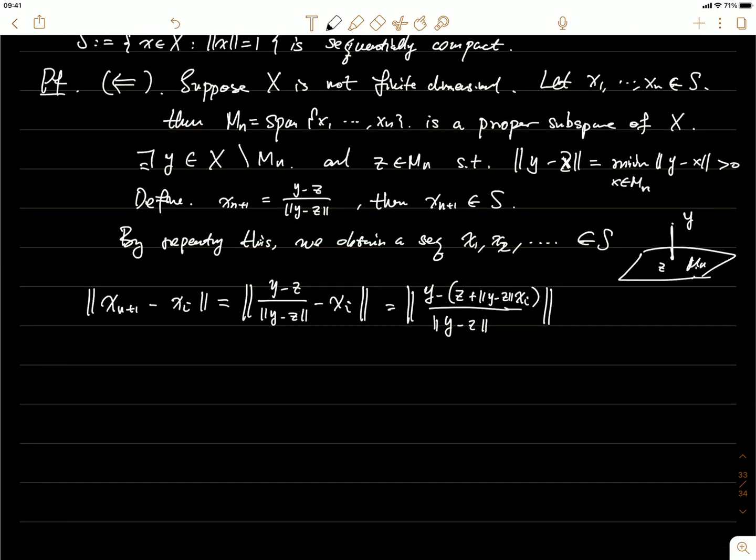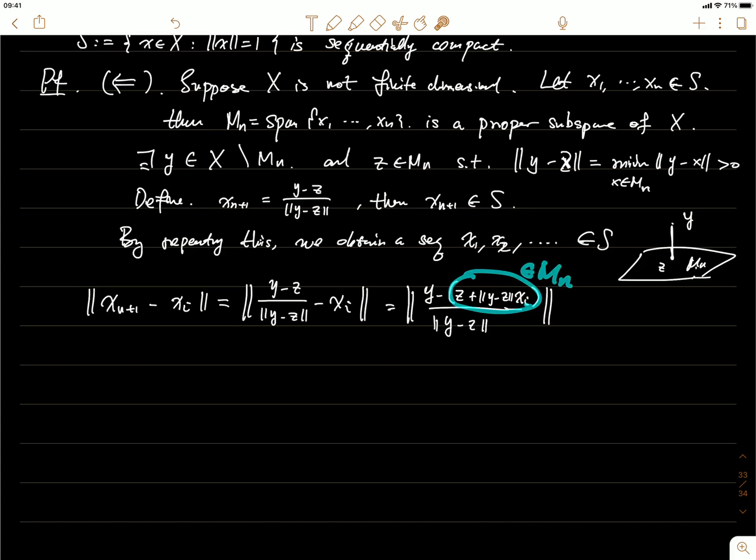Okay, and you know that this one, the z is from the Mn space. x_i is from the Mn space as well because the Mn is spanned by those. And there is a linear combination of the two, so it's still in Mn. So this whole thing is in Mn.